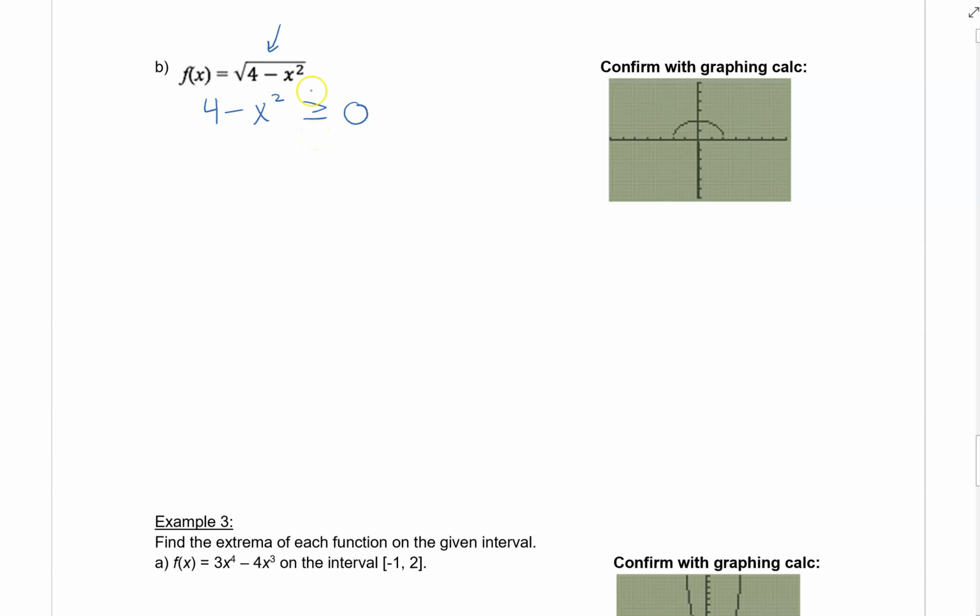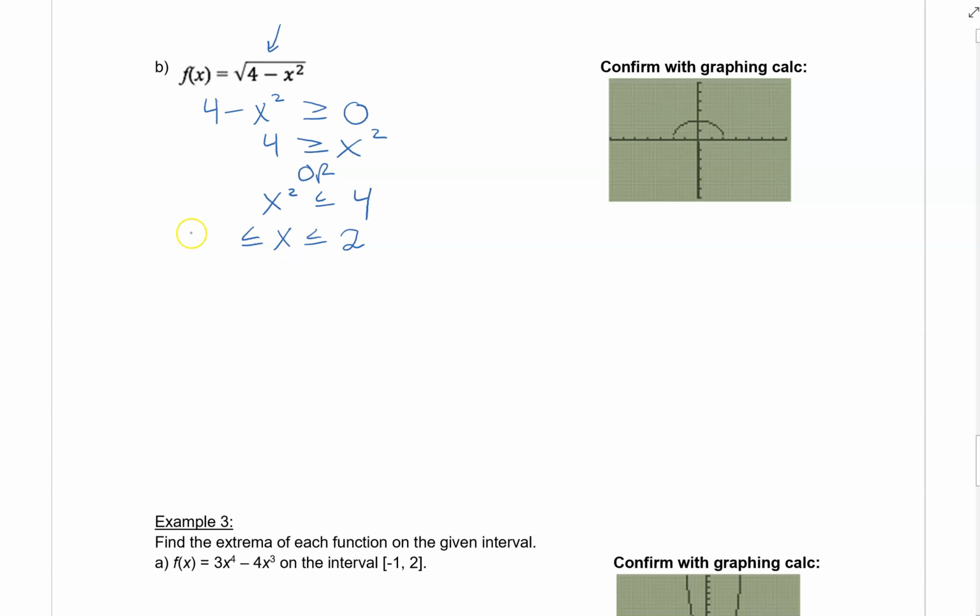So 4 minus x squared is going to be greater than or equal to 0 when 4 is greater than or equal to x squared. Or let me write it this way, when x squared is less than or equal to 4. For this part, we have to just think about what numbers I can square and have them stay less than or equal to 4. The one obvious part is that x would have to be less than or equal to 2, right? I wouldn't want it to be like 3 or 4, because if I square any of those numbers, that'll be bigger than 4.